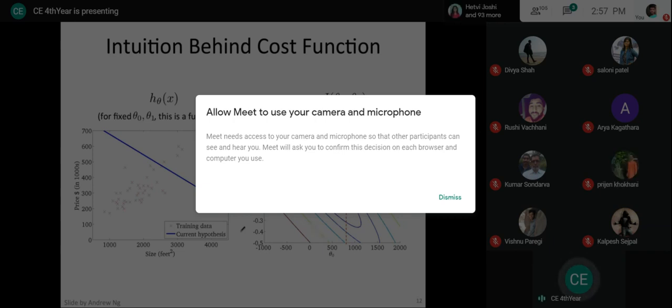Once again, if there are higher dimensions, theta 0, theta 1, theta 2 and so on, it is difficult to plot in 2D or 3D. But yes, the calculation will always be with respect to all the thetas, not limited to one single theta while considering the other thetas as constant.